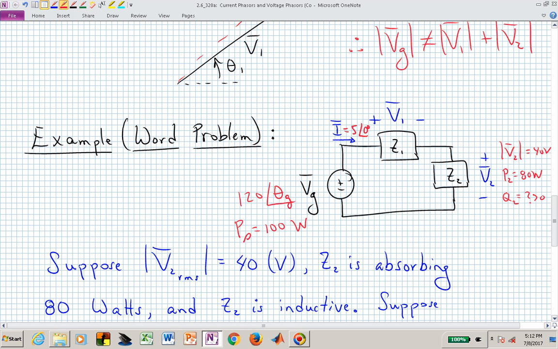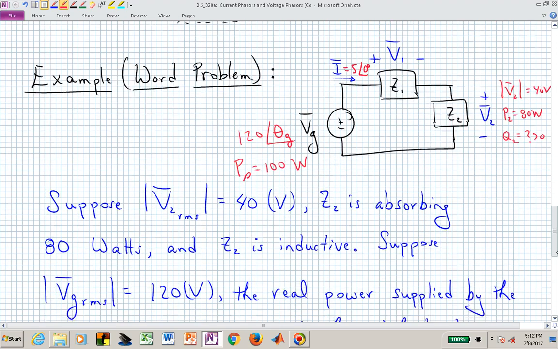We'll have to figure out what that is. So let's say that the source angle is some unknown quantity, theta sub G. Hopefully now we have that information floating around, and we have to make sense of it.